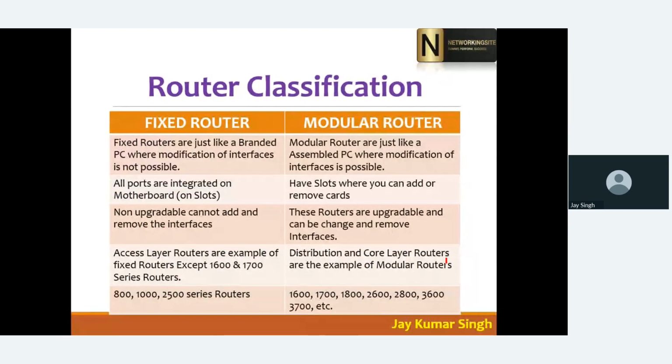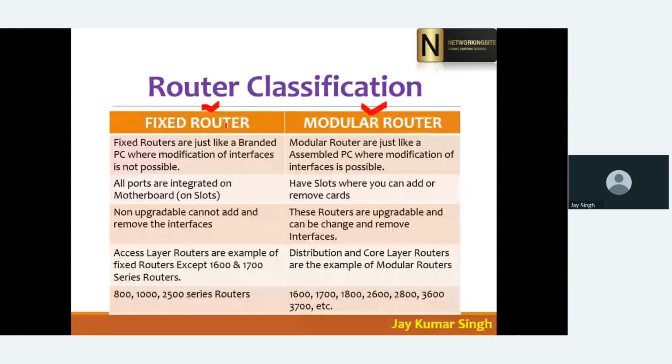Now here we have some router classifications. Some routers are fixed routers, like some access layer routers. Fixed router means if any port is not working on that router, you cannot change the port; you have to change the entire router.